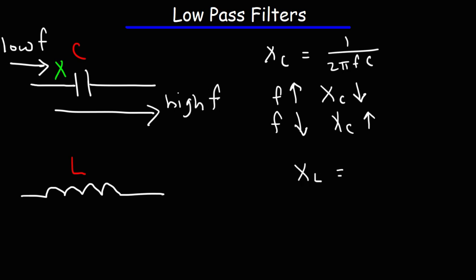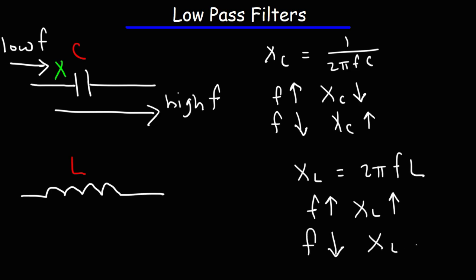For inductors, the inductive reactance is 2 pi FL. Notice that F is on the top of the fraction this time. So as we increase the frequency, the inductive reactance increases. These two are directly related. And as we decrease the frequency, the inductive reactance decreases. So the inductive reactance is high when the frequency is high, which means that the inductor blocks high-frequency signals.